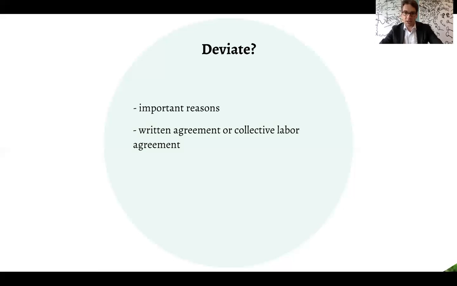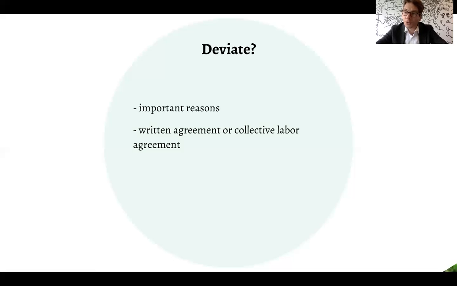So you could consider, for instance, the construction CBA, the bouw-CAO, where there's the bouwvak. Bouwvak is the Dutch phrase for the construction holiday. So every season, I think in the month July, August, one of those months, there's a fixed period of time where construction workers are on holiday, and that's set basically unilaterally in the CBA.